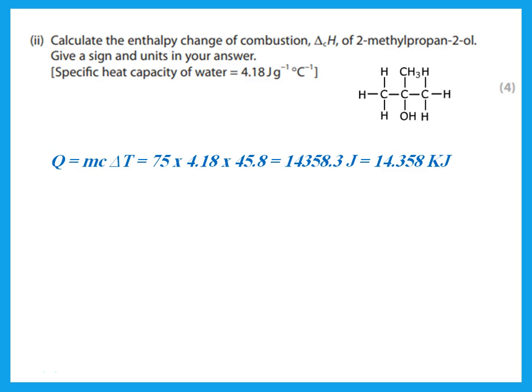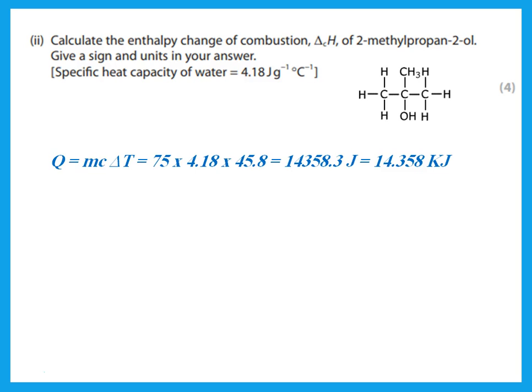M is the mass of water or mass of solution. So he gives you that the solution is 75 grams. So that is the mass that you're going to use, times the C, 4.18, he already gives it to you. The change in temperature, we got it from the table, and the result from this equation is in joules. If I want it in kilojoules, I divide by 1,000.